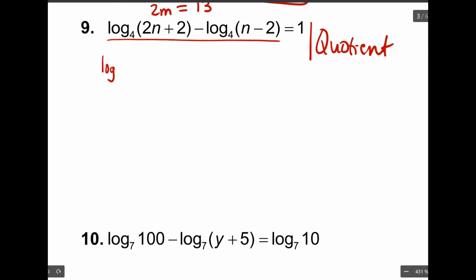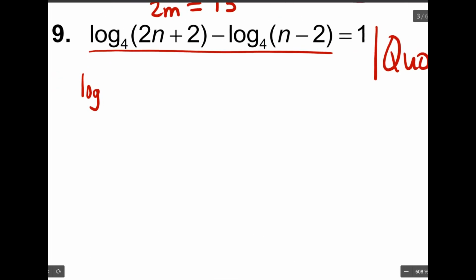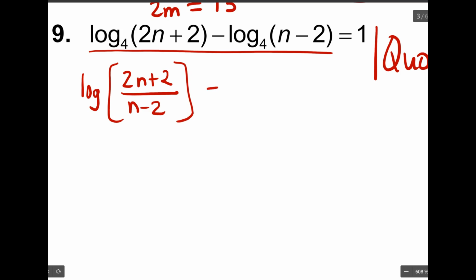Quotient property of logarithms. So what that means is it's going to be the left one divided by the right one equals 1, log base 4.